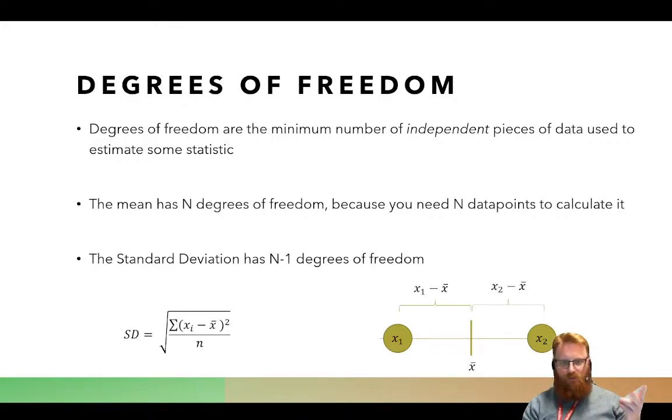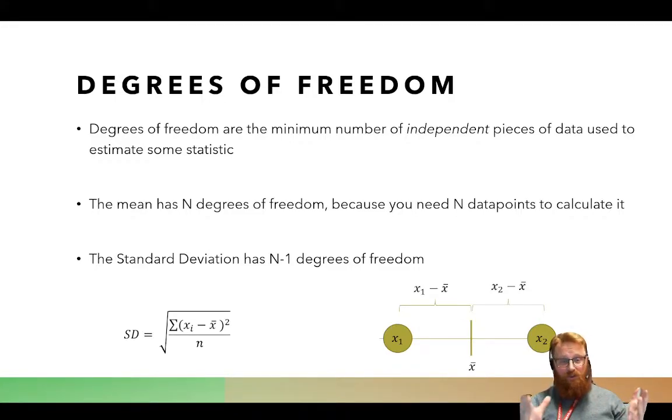If we have n equals 2, it's exactly halfway between those data points, and so when you have calculated xi minus the mean for one, it is exactly the same for the other. That is why the standard deviation only has n-1 degrees of freedom. You don't need the last data point. And it doesn't matter whether you have 2 data points or 100 data points. Once you've calculated the mean minus the data point for n-1 data points, you don't need to do the last one.